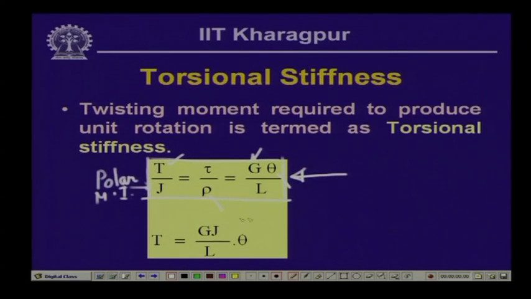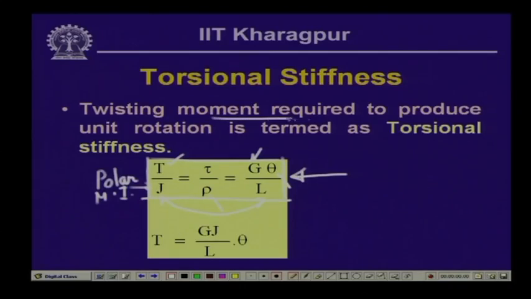Now, from this, if we equate these two quantities, what we are interested in is to find out the stiffness because of the torsion. When we apply the twisting moment, the twisting moment required to produce unit rotation is generally called the stiffness against this twisting moment. So, the twisting moment required to produce unit rotation is termed the torsional stiffness.